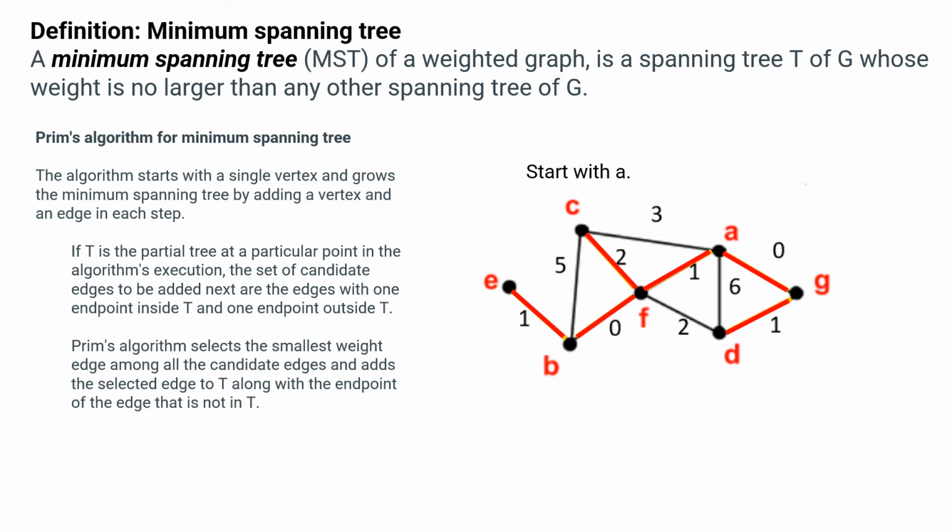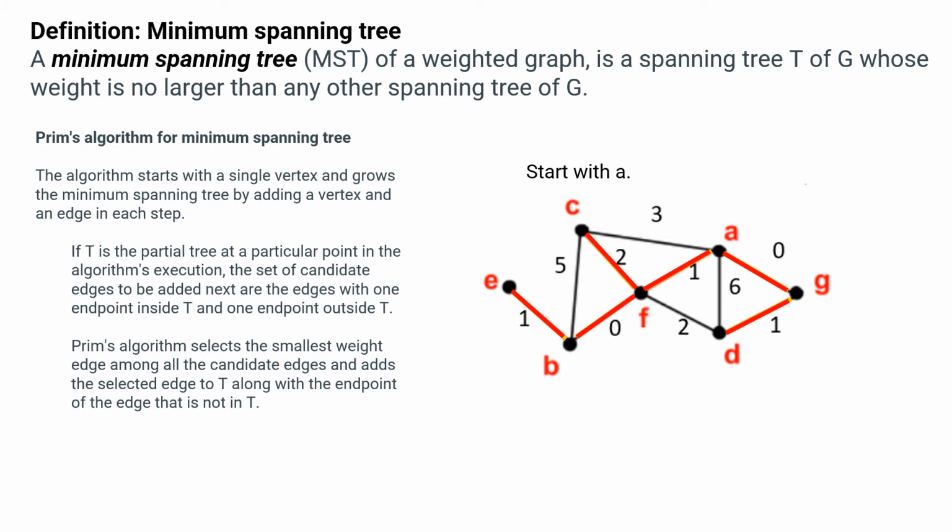I was talking about that one particular step, but in general, this is saying each time we have a new part of the tree, we're going to evaluate all of the edges and find all of the candidate edges.